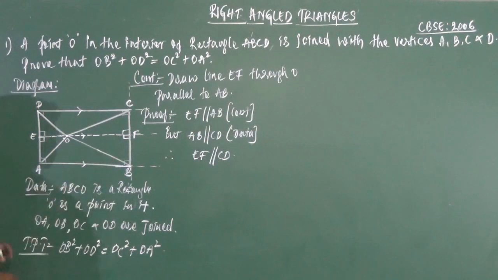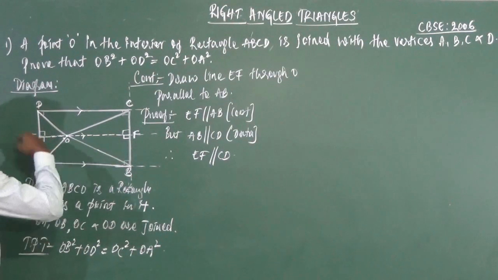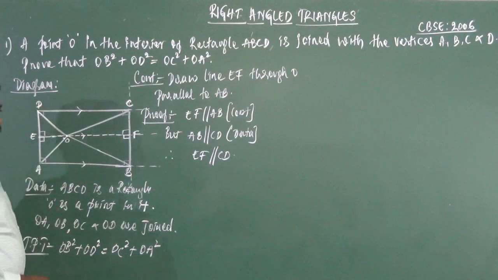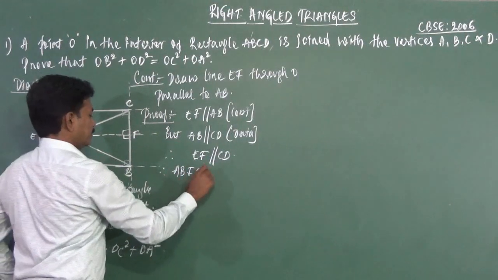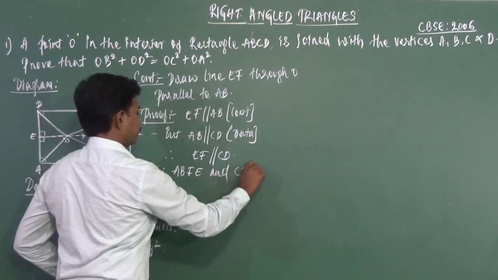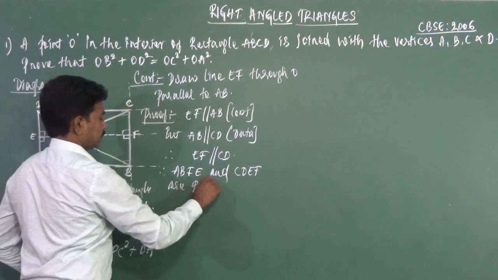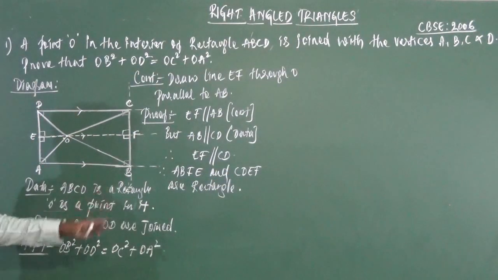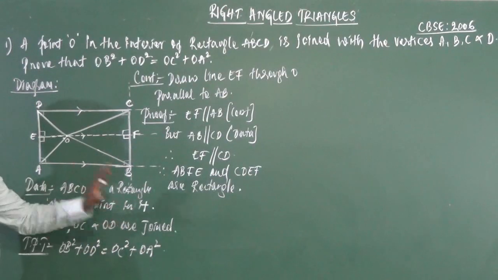Therefore it becomes a rectangle. So here ABFE is a rectangle. Likewise, CDEF is also a rectangle. So ABFE and CDEF are rectangles. This is the first part of the proof, which is very important, totally logically based.